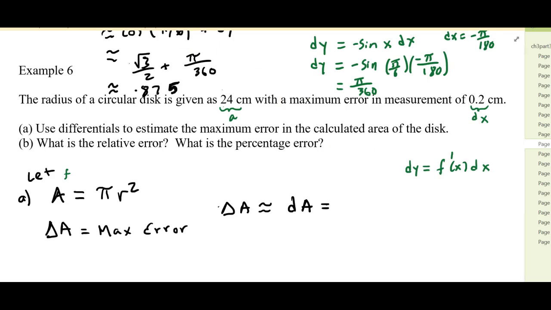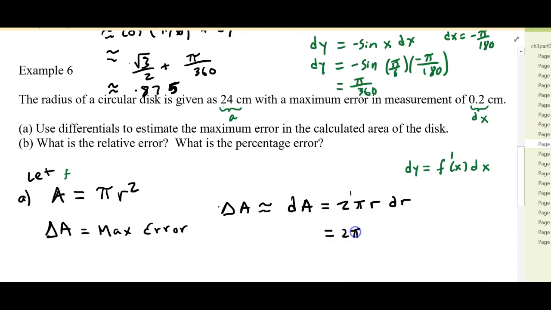So in this case, what is dA? We take the derivative of that function A. If I take the derivative of A with respect to r, that's going to be 2 pi r times dr. So dA equals 2 pi r dr. This is that f prime of r, this first piece, and then dr. All right, now let's put in the numbers.